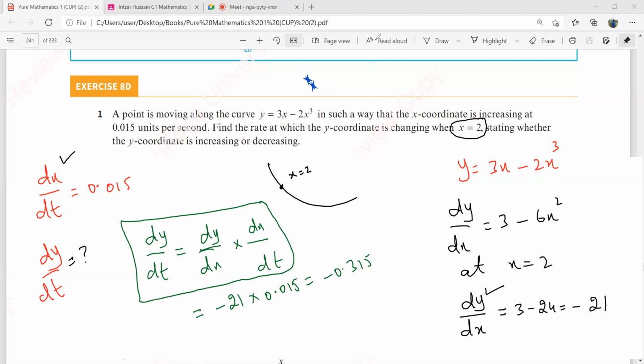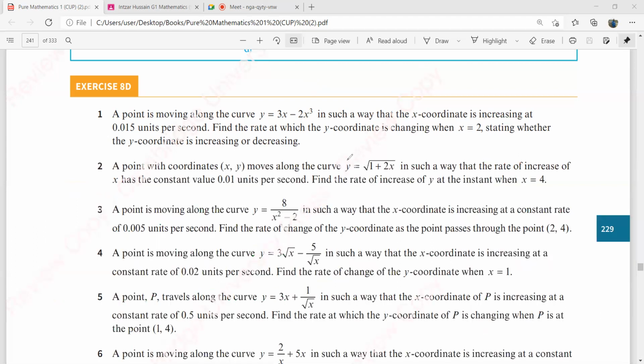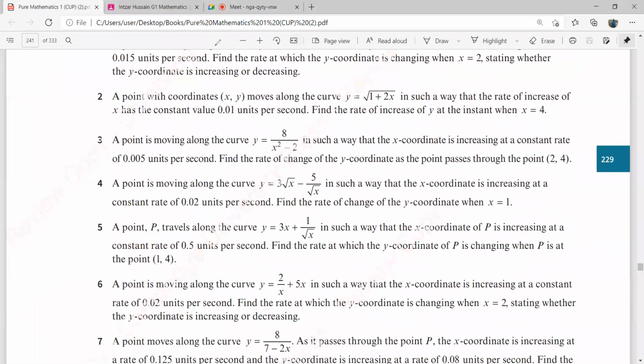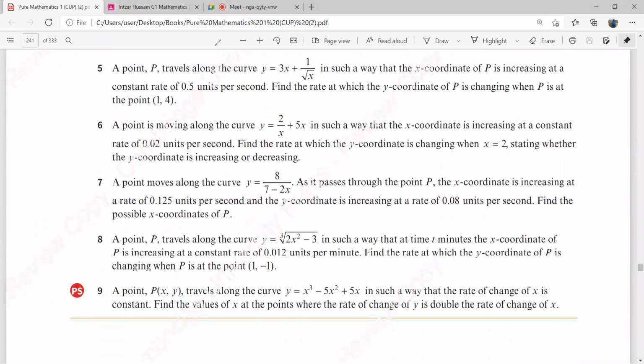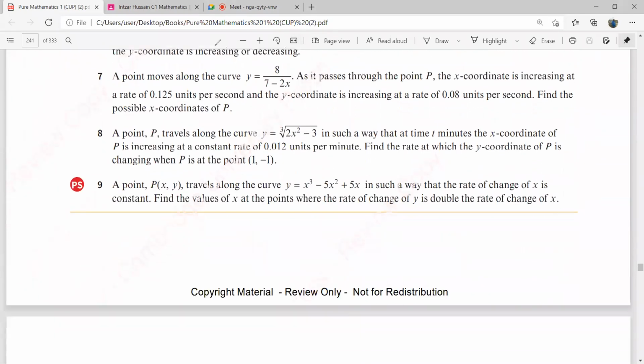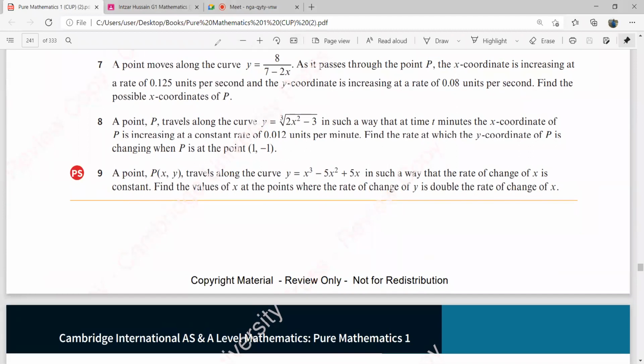Now, let's go on to another question here. Let me see where we have to find the rate of change of x. Okay, question number 7. Let's try question number 7.